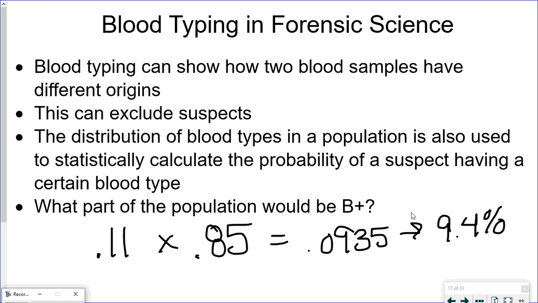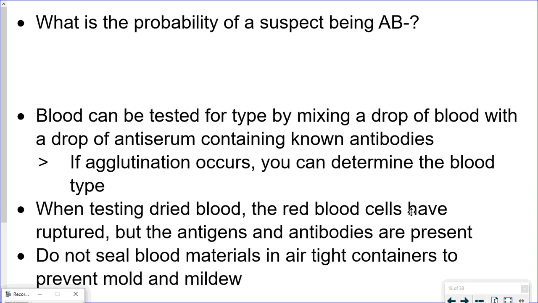Say that we were in a town of 1,000 people. That would be approximately 94 people with this blood type. So that's how you can present this in a court of law. Let's look at our rarest blood type, which is AB negative. AB negative is the rarest, O positive is the most common. If we wanted to look at the probability of someone being AB negative, remember the percentage for AB was 4%, so 0.04.